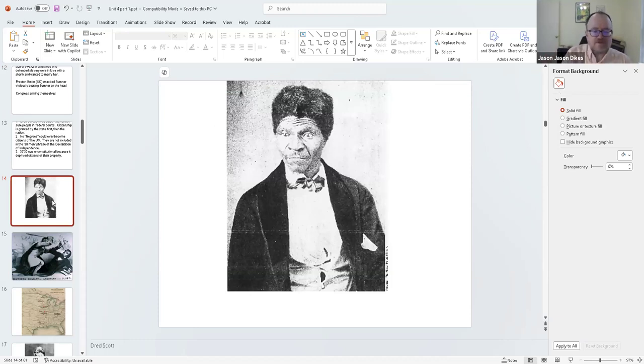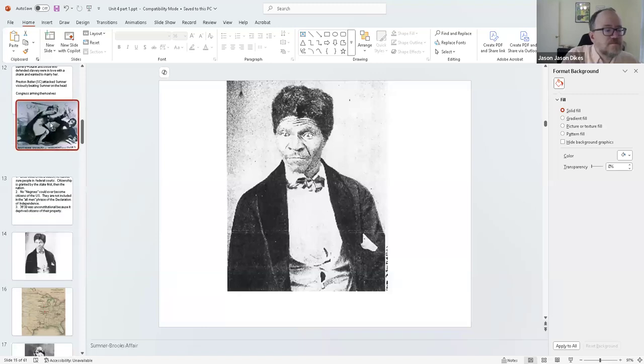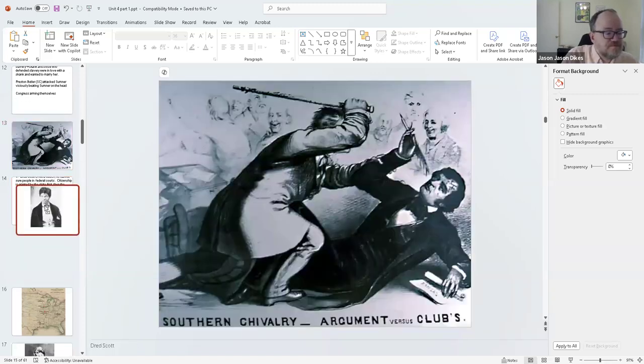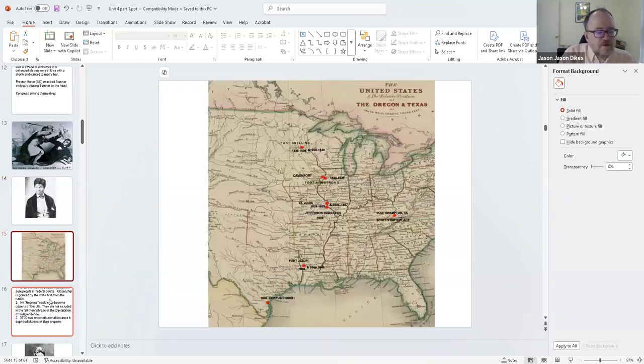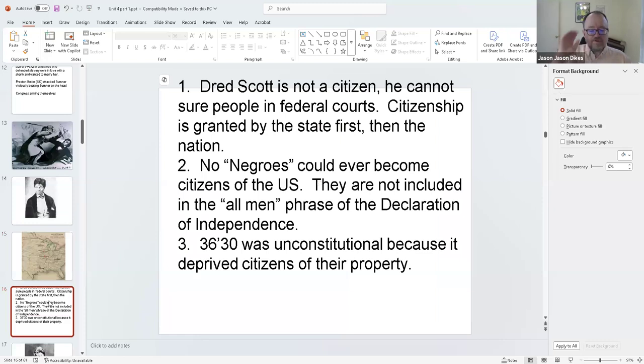A bunch of abolitionists purchased his freedom for him and his wife, and he did die a free man years later. This goes up here. But yeah, the court's decision was extraordinarily controversial, undoing 36-30, 37 years after it had passed.